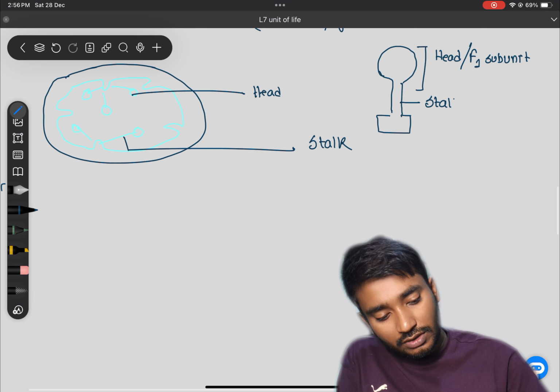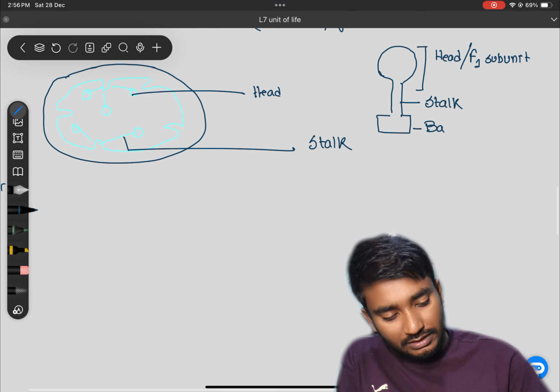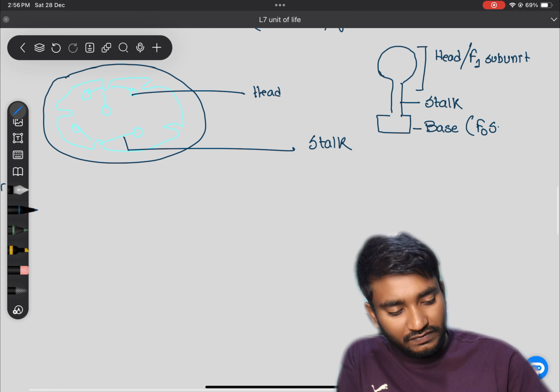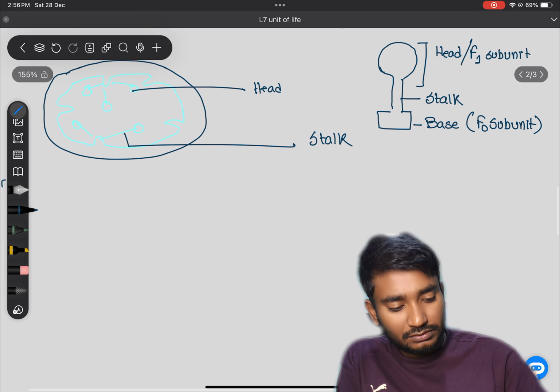This is called the stalk, and this is the base, the F0 subunit.